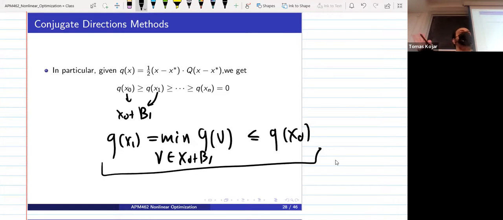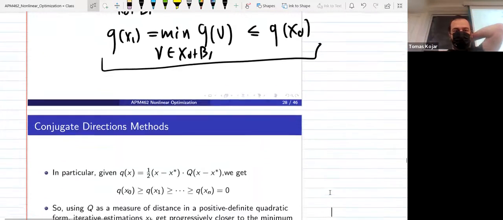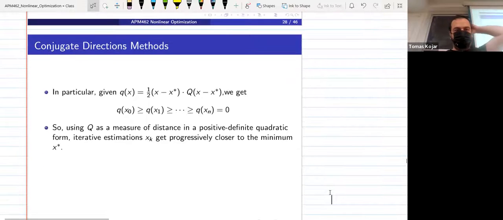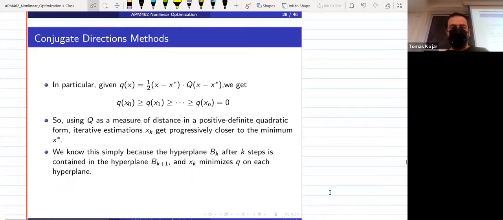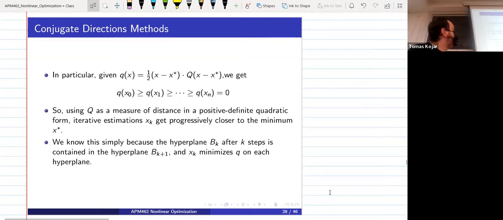That's the method. There's nothing mysterious about this. And get close to the minimizer. And this method is beautiful because you know that it will converge in n steps. Gradient descent does not guarantee that.